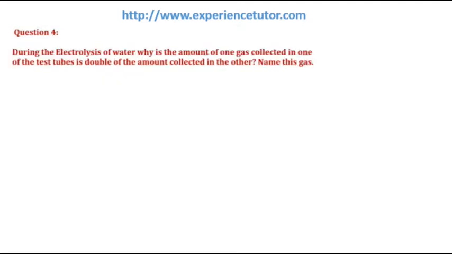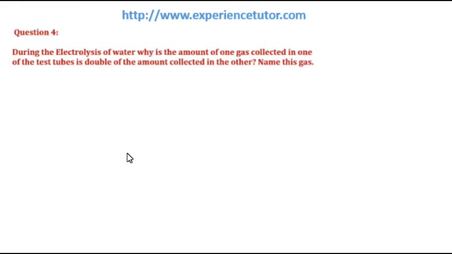Next question: during the electrolysis of water, why is the amount of one gas collected in one of the tubes double the amount of gas collected in the other? Name this gas. During electrolysis of water, hydrogen and oxygen gas are separated.